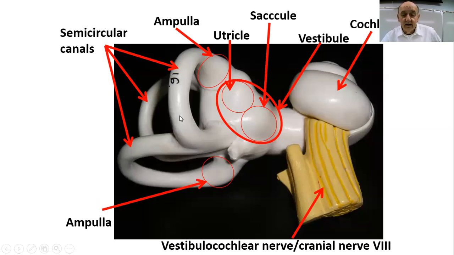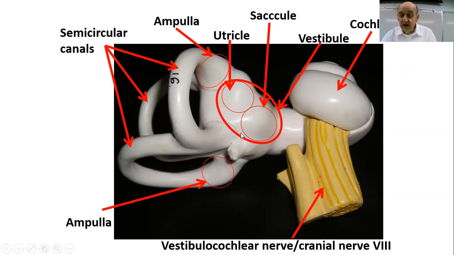On the other end of the inner ear, we see these arching, almost pretzel-shaped structures. These are the semicircular canals. And in between the semicircular canals and the cochlea, here is this potato-shaped structure with 2 bumps. This area is called the vestibule.